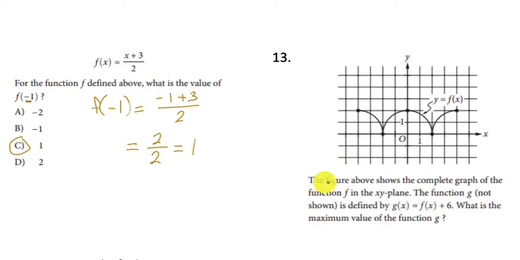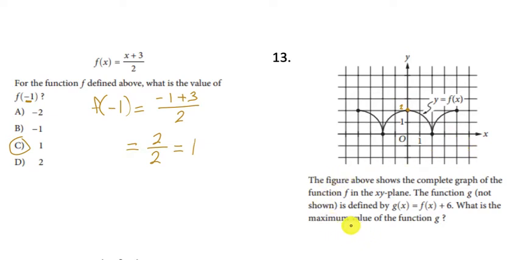Number 13. The figure above shows the complete graph of the function f in the xy plane. The function g is defined by g of x equals f of x plus 6. What is the maximum value of the function g? Well, when we look at the maximum value of the function f of x, we can see that that is going to be 2.